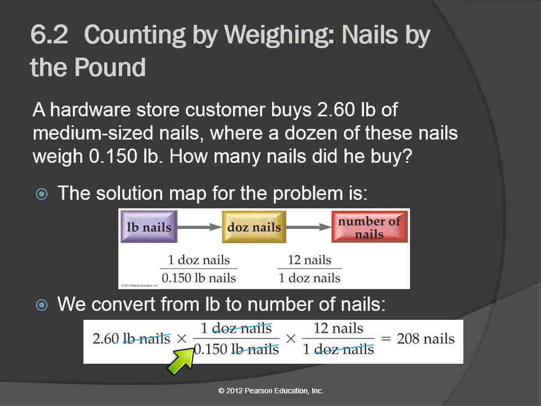That's a relationship between dozens of nails and pounds. And we put that in there in such a way that the units cancel out. And then we know that there are 12 nails in a dozen. And so we arrive at the fact that he probably got 208 nails. Any questions?